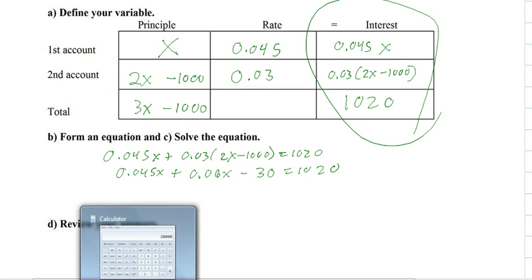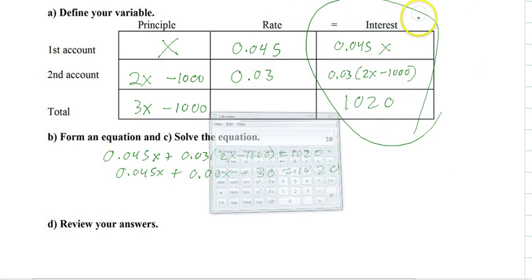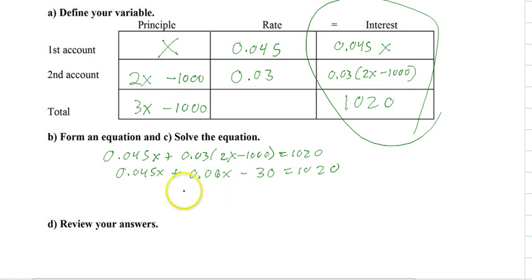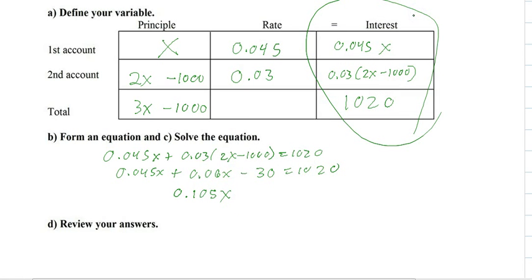Double check it. 0.03 times 1,000 is 30. Alright, combine like terms, and that's 0.105x, just a double check. 0.045 plus 0.06, 0.105. Add the 30.